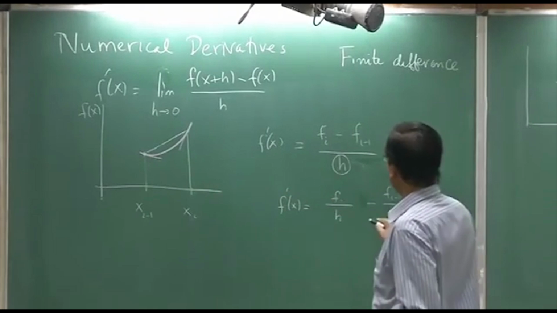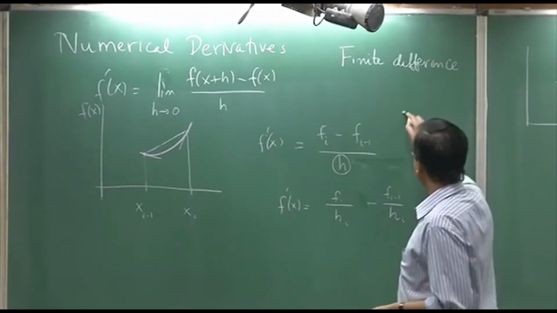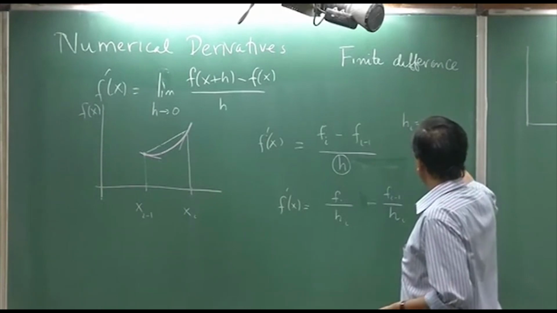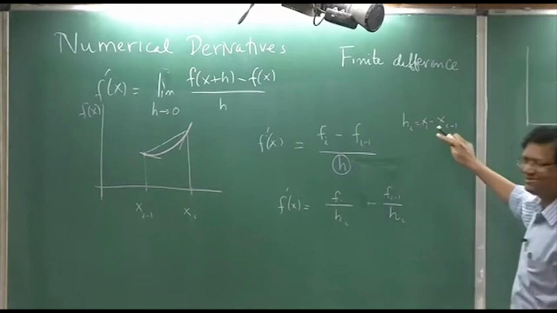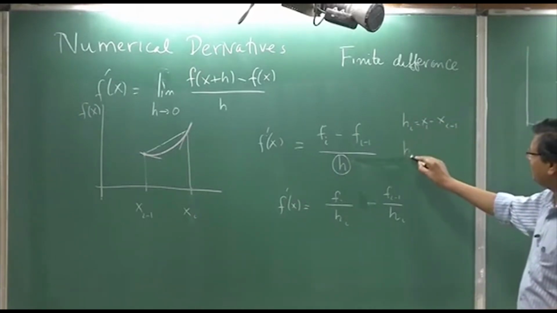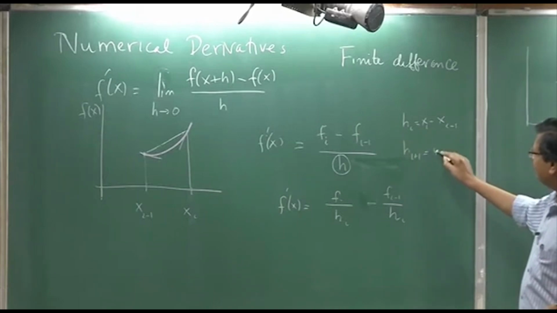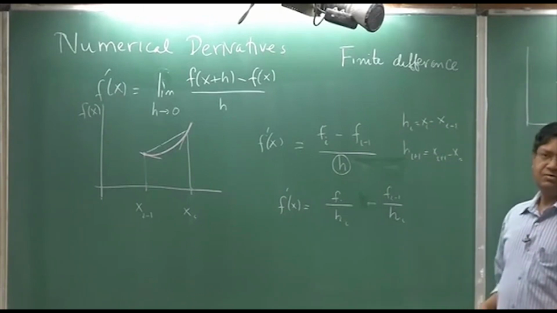In fact hi is defined as xi minus xi minus 1, the higher of the two, so you have to keep that in mind. What about hi plus 1? It will be xi plus 1 minus xi.